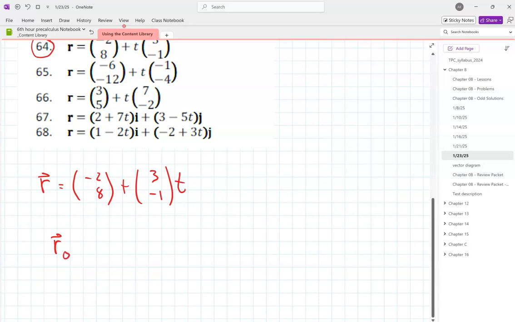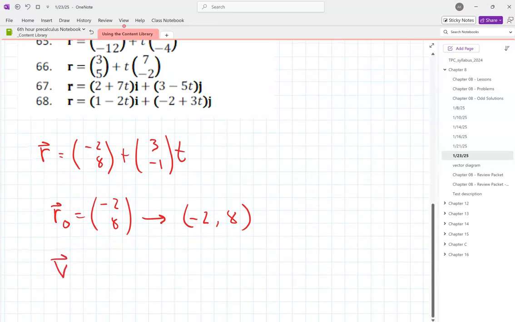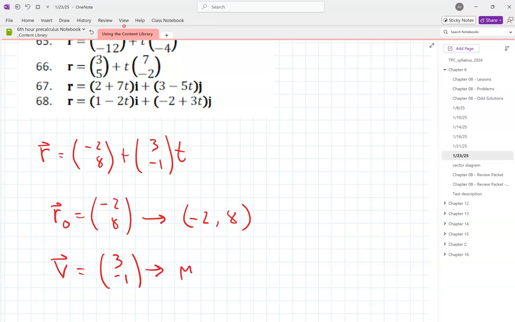So I'm going to start the same way. I know I have my point vector, negative 2, 8, which tells me the point (-2, 8) is a point on my line. Everybody's okay there? Okay. And then I have my slope vector, 3, negative 1, which tells me the slope of my line will be change in y over change in x, so negative 1/3.